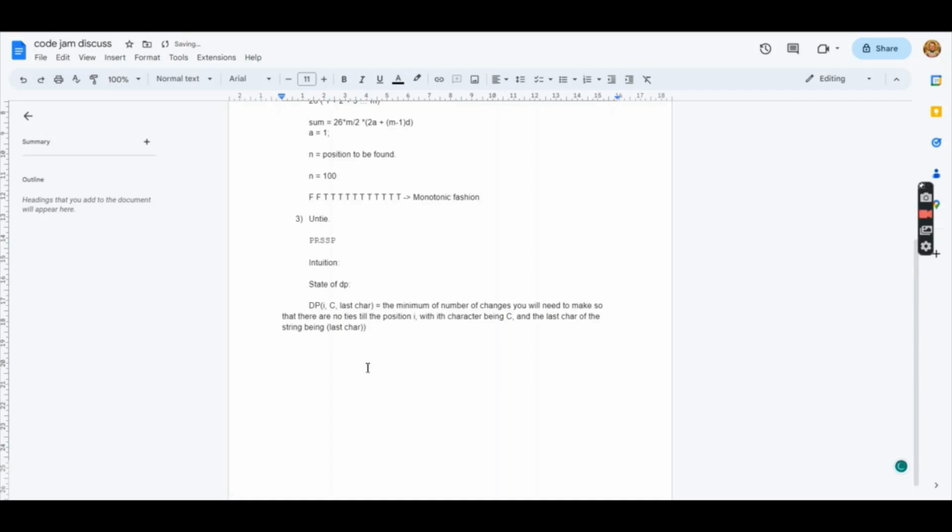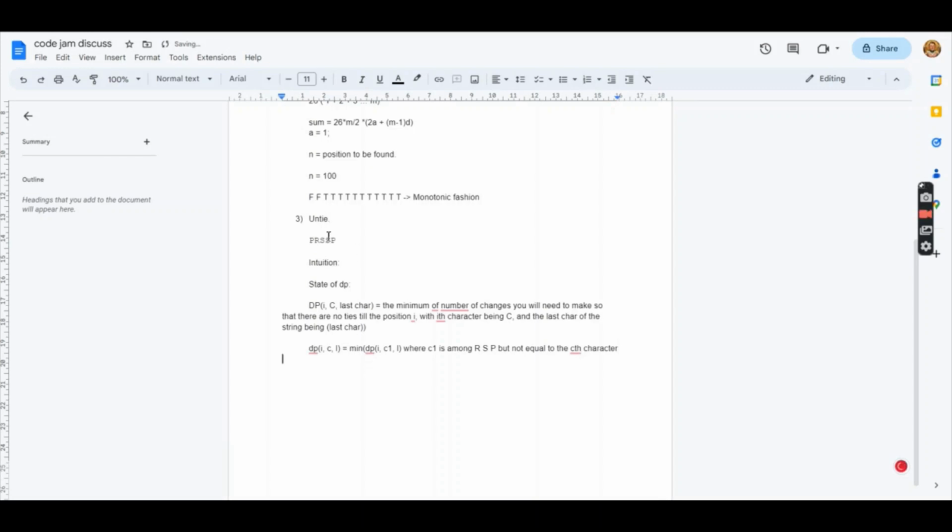Thinking about the transition is easy. So DP[I][C][L] is equal to the minimum of DP[I-1][C1][L], where C1 is among R, S, P but not equal to the Cth character.